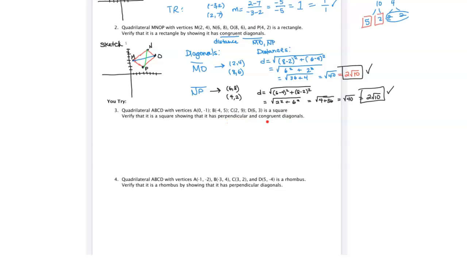And then for congruent, look at its distances and then verify that those two distances are exactly the same. For number 4, verify that it's a rhombus by showing that it has perpendicular diagonals. So again, perpendicular means that you're looking at its slopes and you're verifying that they are opposite reciprocals. So please pause your video and try numbers 3 and 4.